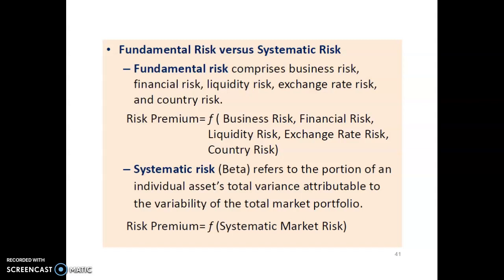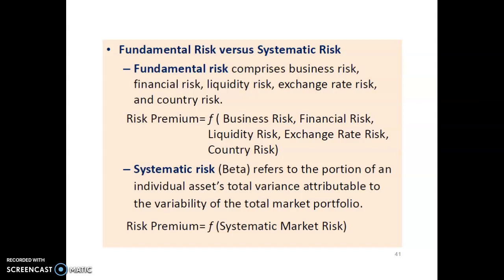So you all know the basic concept between fundamental risk and systematic risk. Of course, fundamental risk is the risk that gives you a catastrophic effect. It will affect the entire economy.